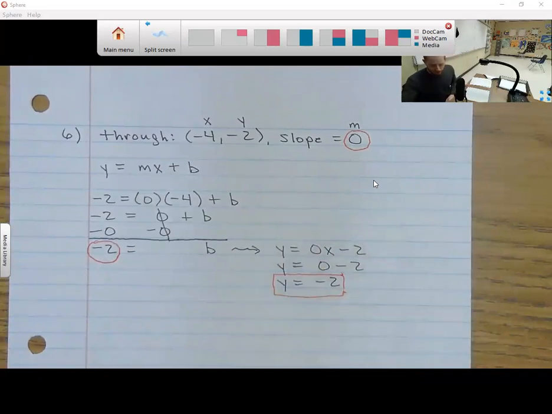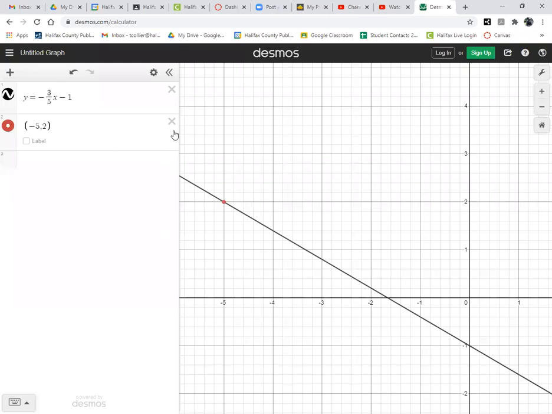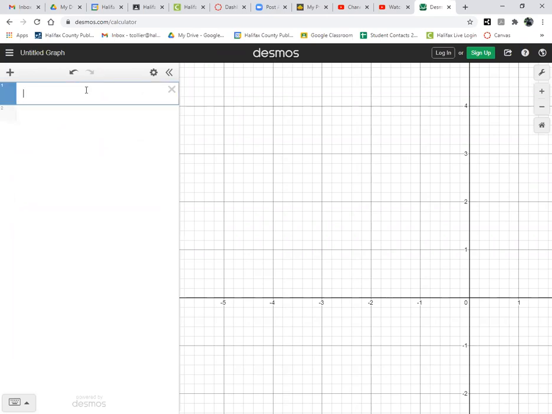Y equals negative 2. Now let's graph that. Let's go over to Desmos and see if it actually works. Let's see. There we go. I can get rid of everything over here by hitting the X's, so they're gone. Now, the formula that I got was y equals negative 2, so I'm going to plug that in.